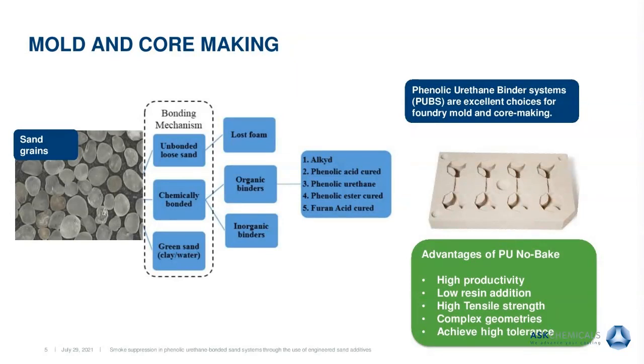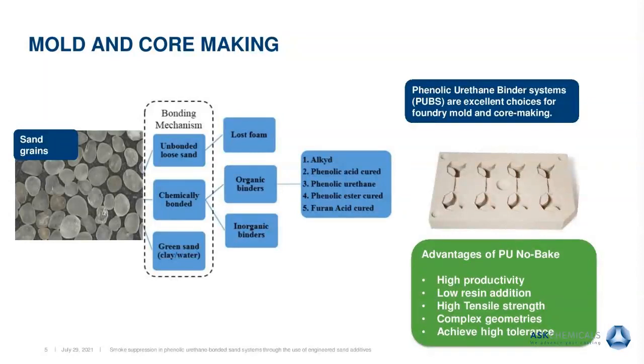They're also very good for making complex geometries. When we have those complex shapes that need to be designed, this binder system serves this purpose really well. For surface finish of the mold, they're wonderful. And we can also achieve high tolerance using these binder systems.